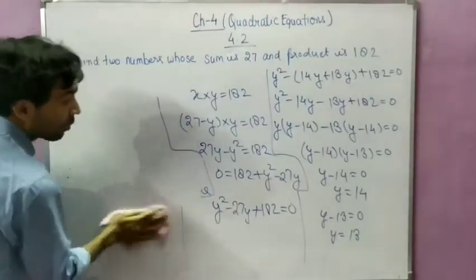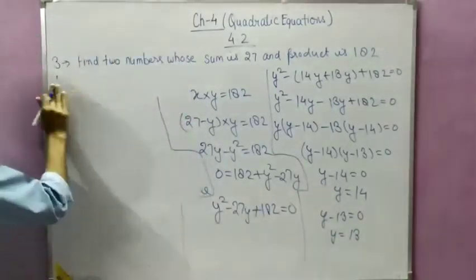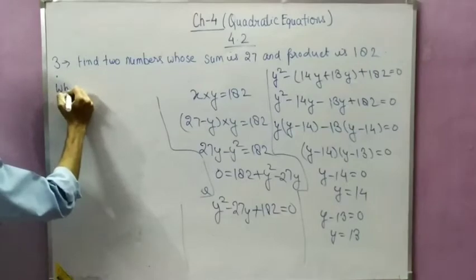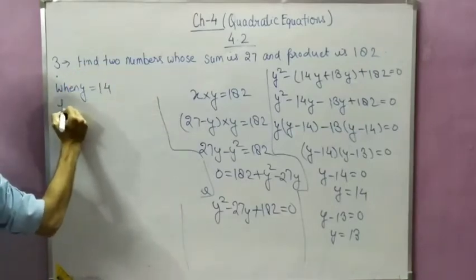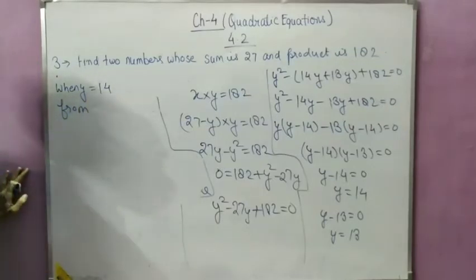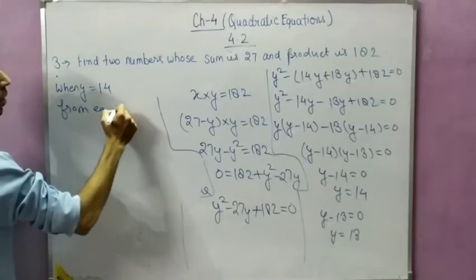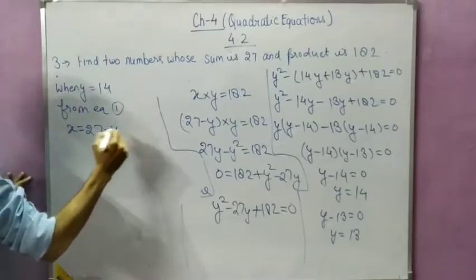So our equation number 1 was, because two values of y, so when y equal to 14, students, from equation number 1, when you put this value of y in any of the equations, you will get the value of x. So from equation number 1, x equal to 27 minus y.